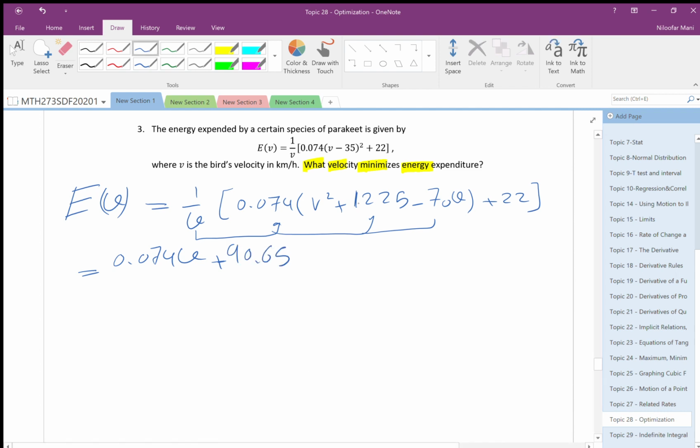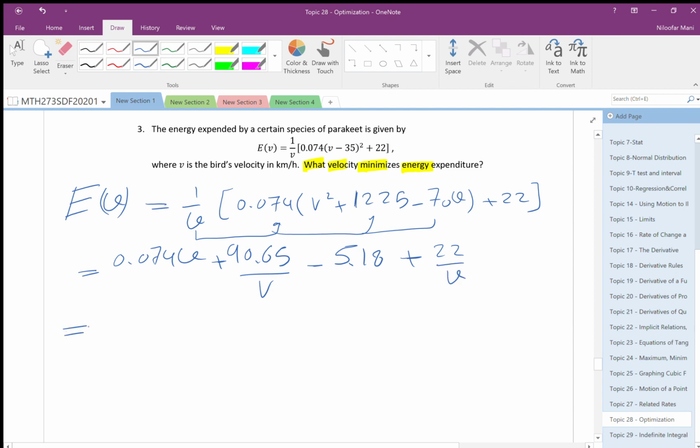When I multiply, I multiply this with v to the minus 1 because it's over v. So I can just write over v, minus 70 times 0.074, which is 5.18. For the next one, it's 5.18, and then plus 22 over v.